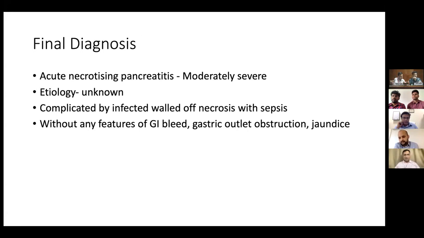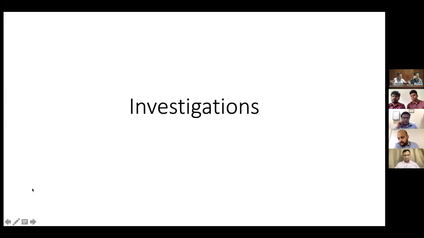Okay. Can I add just one more point? I think Sudipta sir, what Sridhar wanted to ask was that, when the resident writes the final diagnosis, will he write it as moderately severe or severe in this case? In this situation, I believe that the diagnosis remains a single diagnosis.